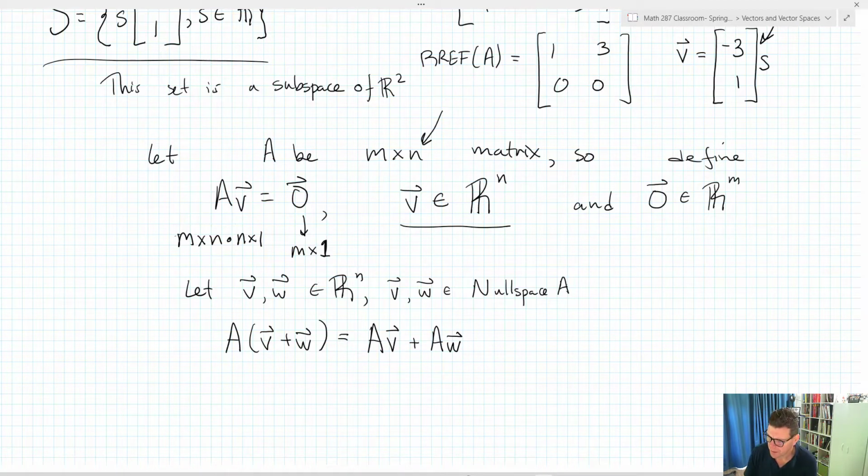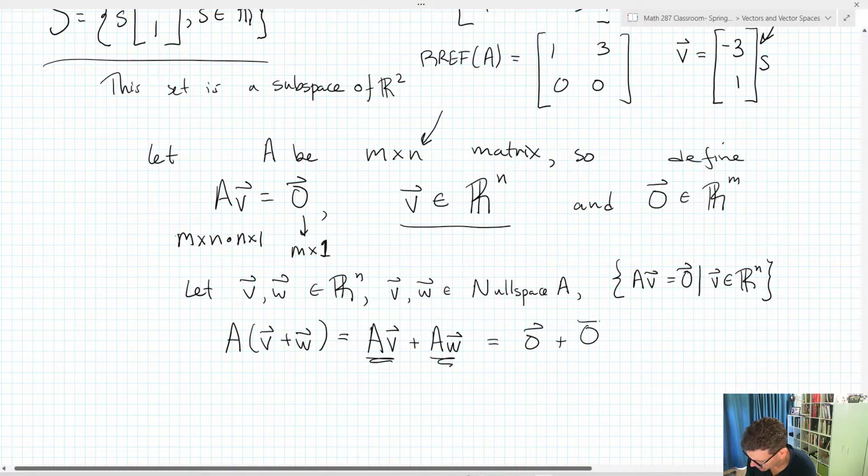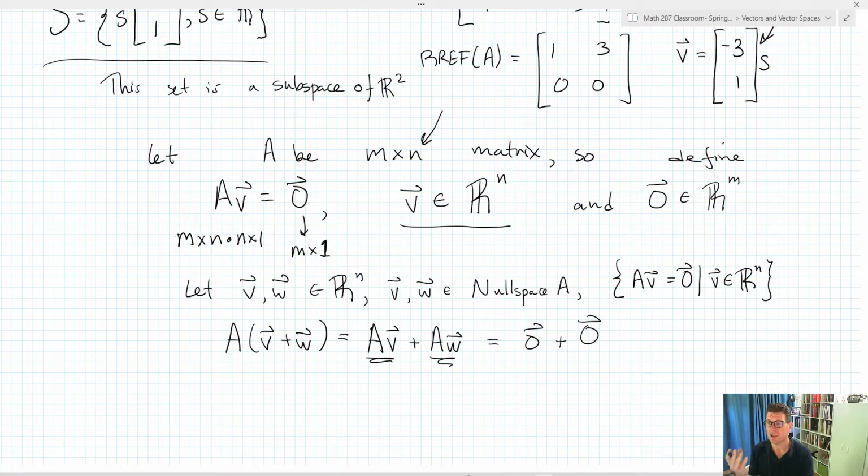Well, if they belong to the null space of A, that means AV equals 0, for V belonging to Rn. And so AV equals the 0 vector, and AW equals the 0 vector. So we have 0 plus 0, just a substitution straight from the definition. We know that both of them are in the null space of A, so when we multiply them by A, we're going to get 0 back.